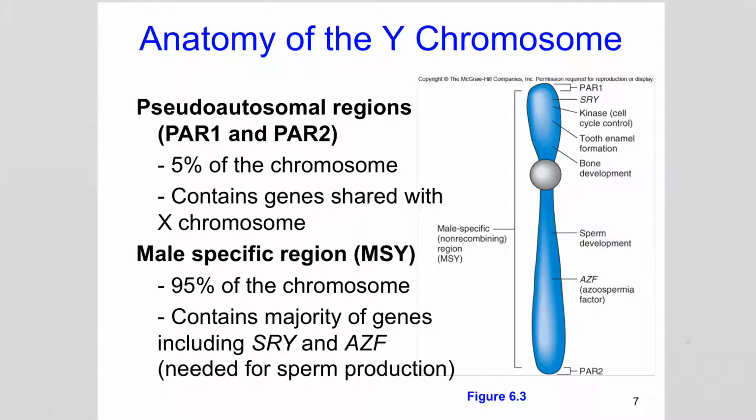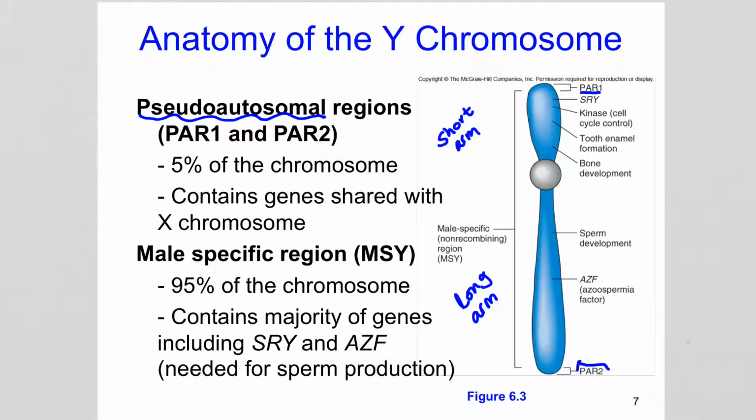So we've already seen on the previous image that our Y chromosome has a short arm up on top and a long arm on the bottom. At the end of both of these arms are these specific regions. One is called PAR1 at the top, and the other at the bottom is called PAR2. And these regions we refer to as pseudo-autosomal.